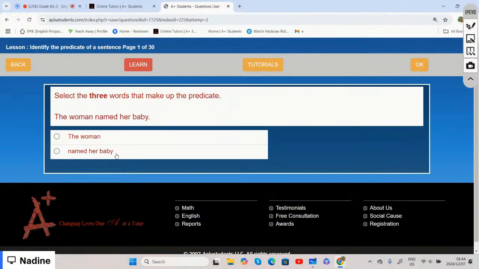Three words. So if it's three words, then we will say named her baby, starting with our verb. You see, named is the verb. Named her baby.